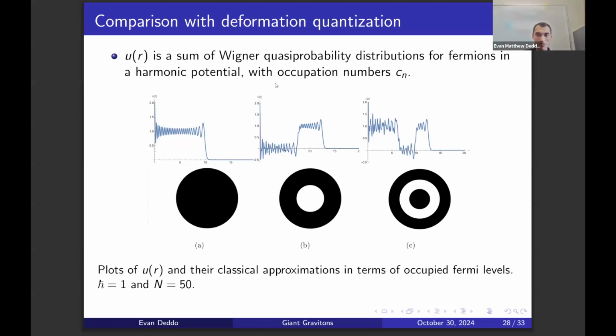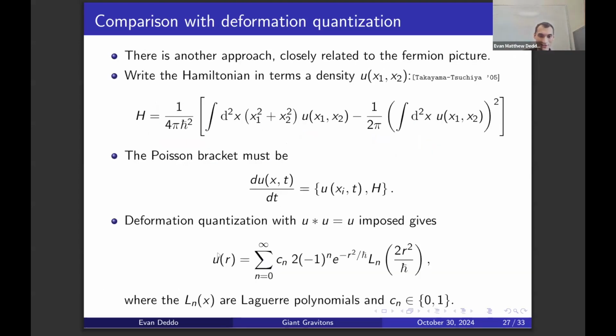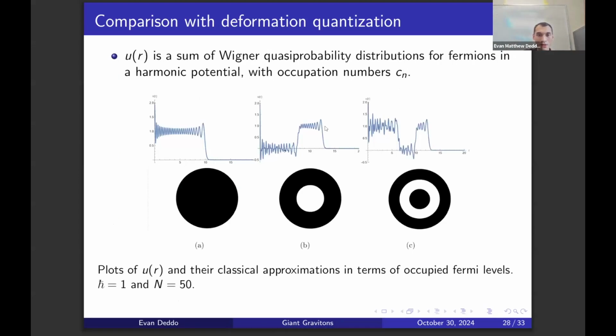And then the idea is that this can be mapped back into LLM, and we can think about this phase space density as actually describing the data for the LLM configurations. We end up with configurations that are interesting because we no longer have geometries in this picture that are just either black or white.